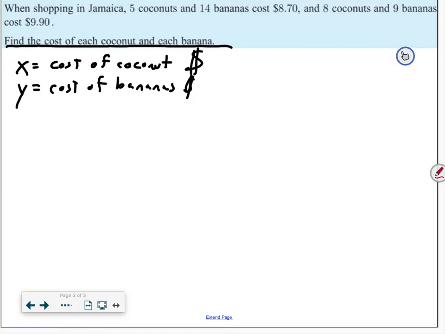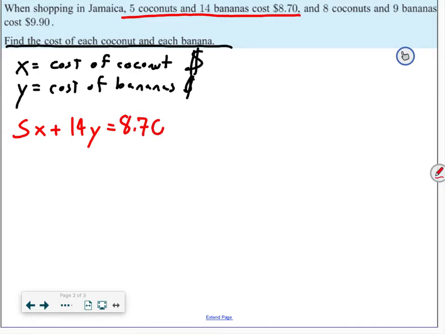Then look at my first piece of information, that 5 coconuts and 14 bananas cost $8.70. To get the cost of my coconuts, it's going to be 5 times the cost, which is 5x. Then I'm going to add it to the cost of the bananas. I had 14 bananas, so 14 times y equals the total cost, which is $8.70.